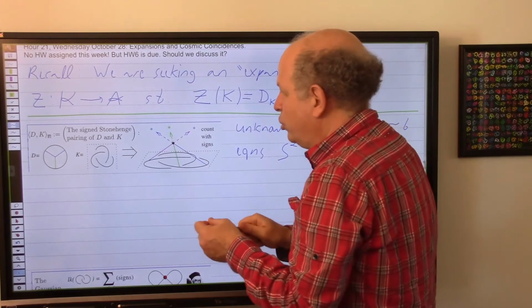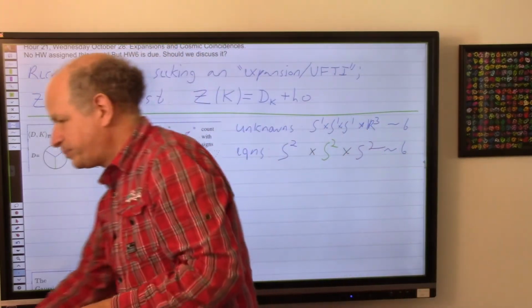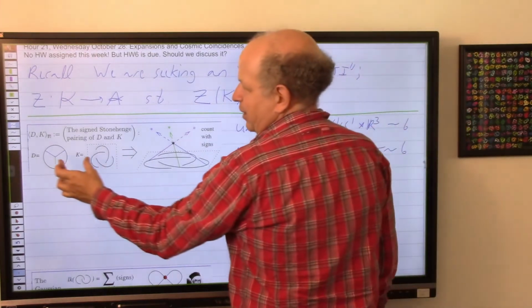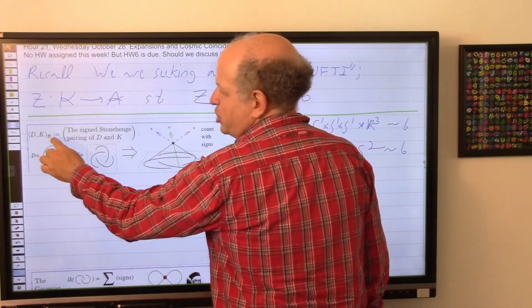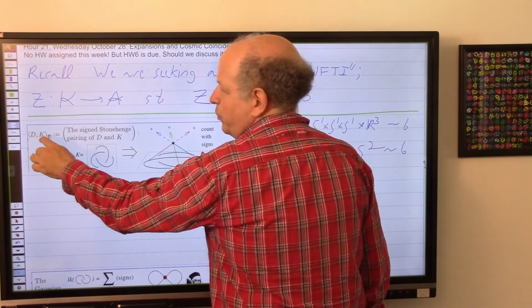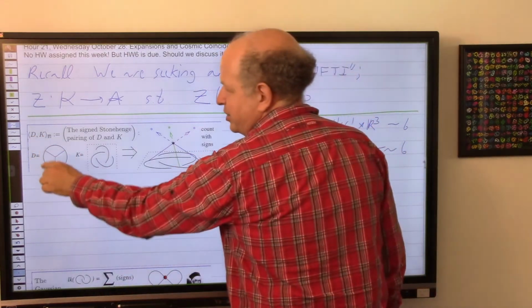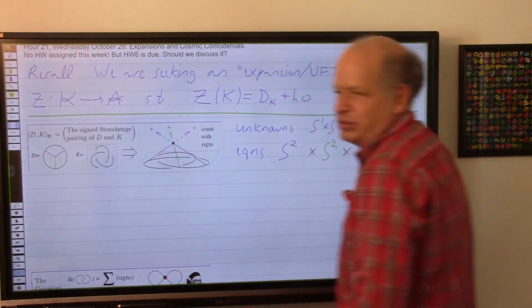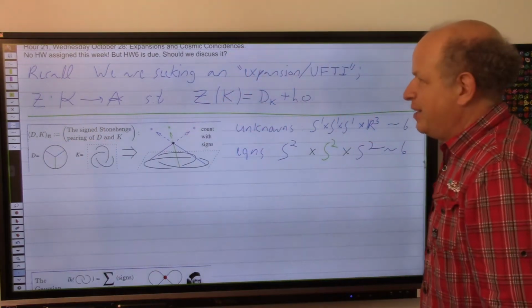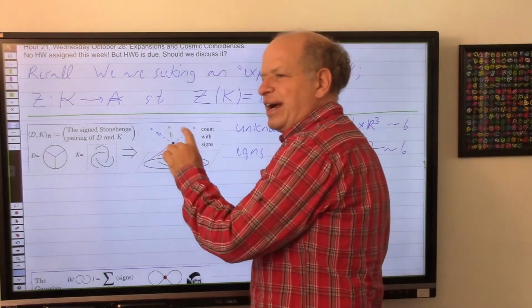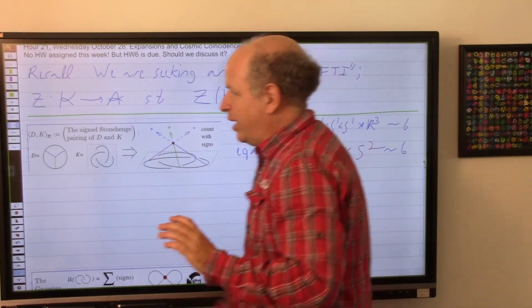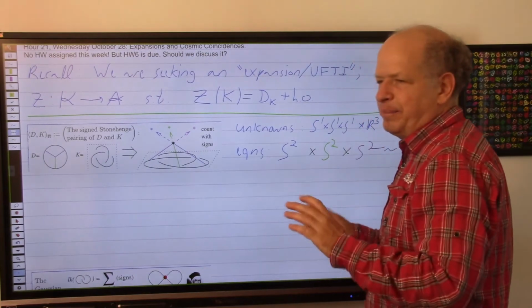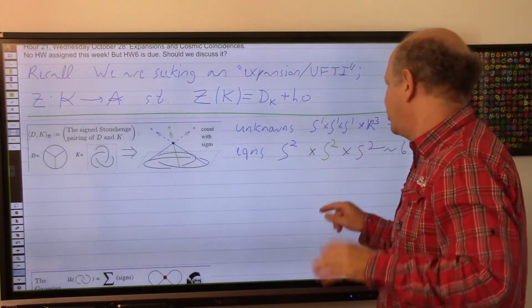So I want you to count this number and call it the Stonehenge pairing of the diagram D with the knot K, where D is the diagram drawn here and the knot K is, well, your fixed knot. Now, I want you to count with signs. So how do you count with signs? This is a bit of an art, okay?